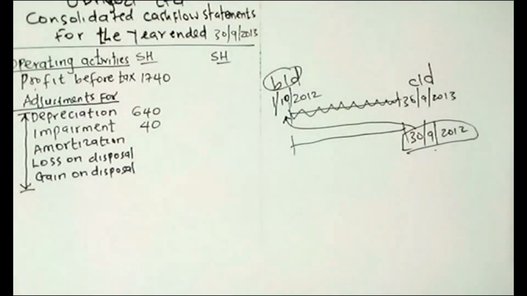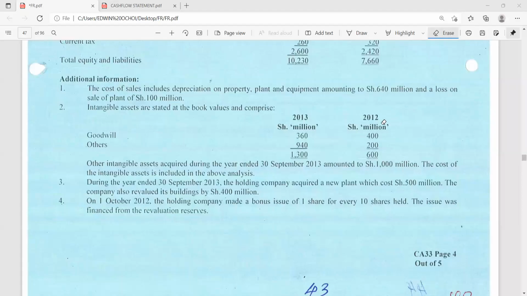Then amortization. Is there another intangible asset? Yes, there were other intangible assets in the same additional information number 2. There's this balance brought forward of 200. Then other intangible assets acquired during the year. So before I compare my 200 with 940 at the end, I have to add the other intangible asset which was acquired to 200.